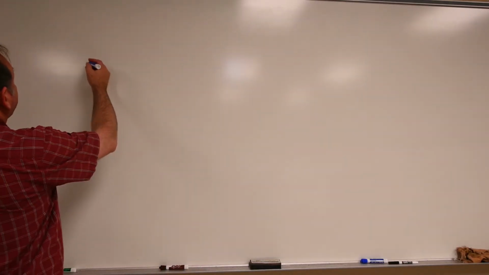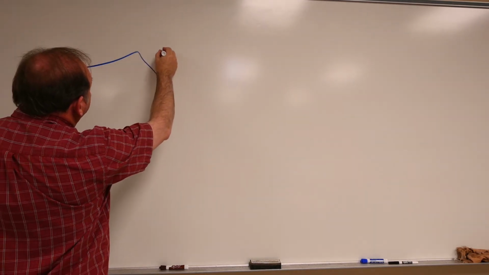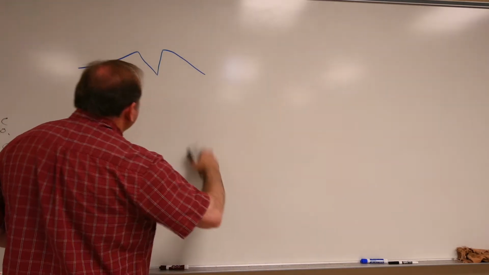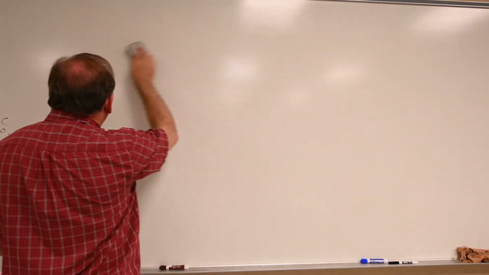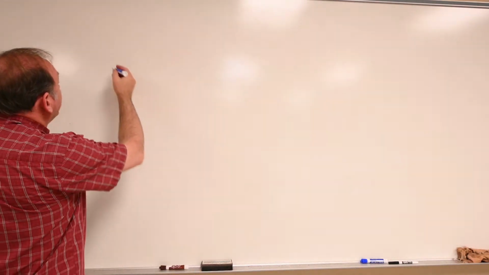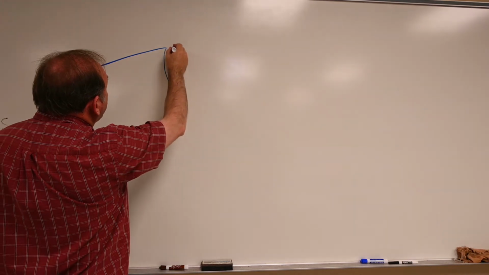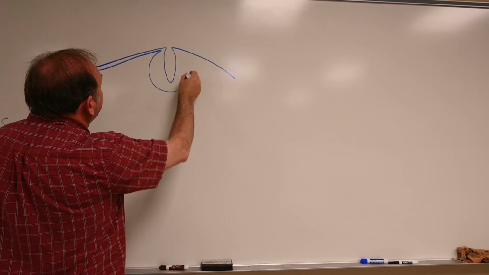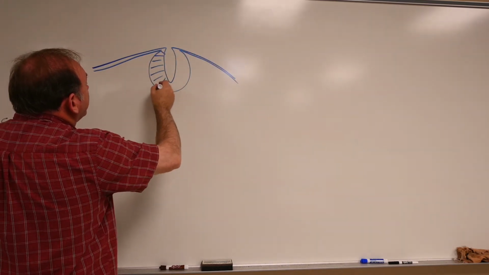All right, the next stage in the development here, we'll draw a little more developed neural groove. It's not very pretty. Let's try again. Okay, now the next stage in our development of our embryo, we'll draw a more developed neural groove. So this is neural ectoderm here.